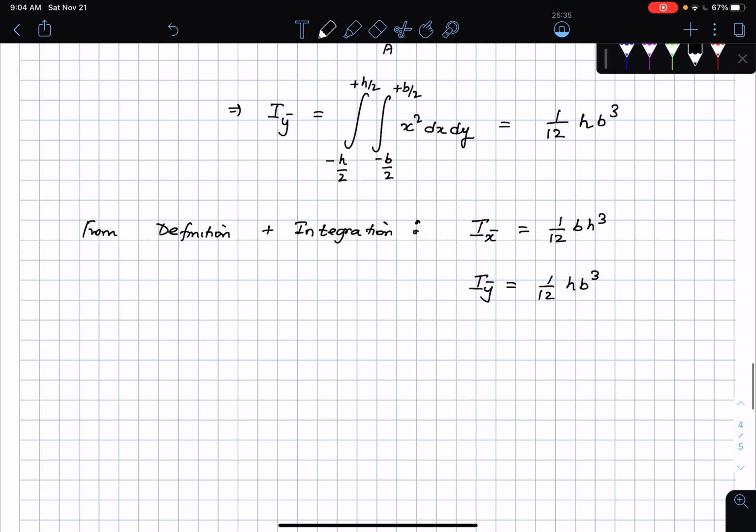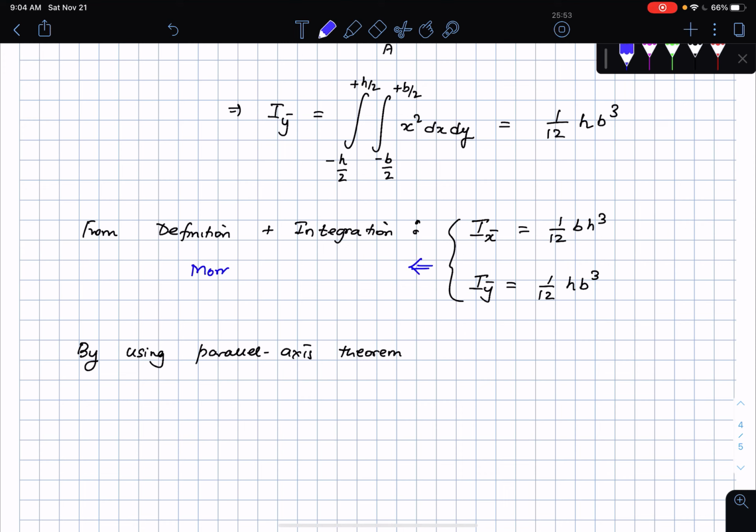Okay, then use the parallel axis theorem. Now this is the moment of inertia about the centroidal axis, right?